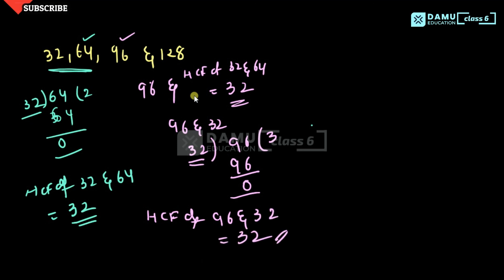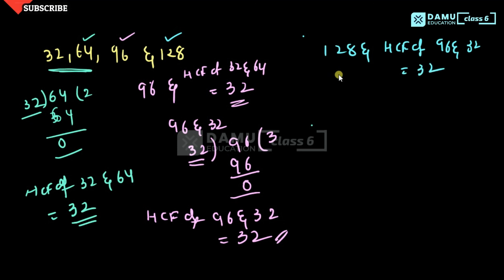Then our next one is 128. So 128 and HCF of 96 and 32, that is 32.